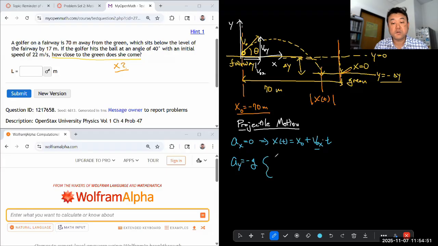You can say your y component of velocity as a function of time is given by the initial y component of speed, which will now be changing, minus g times t from the acceleration in the y direction. And you can say the y position is given by the initial y height plus the change in the position that's attributable to the initial velocity in the y direction times time.